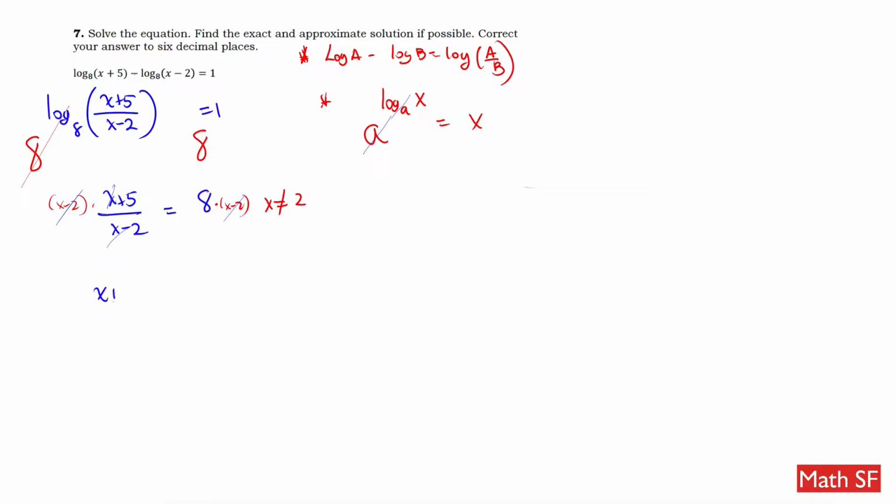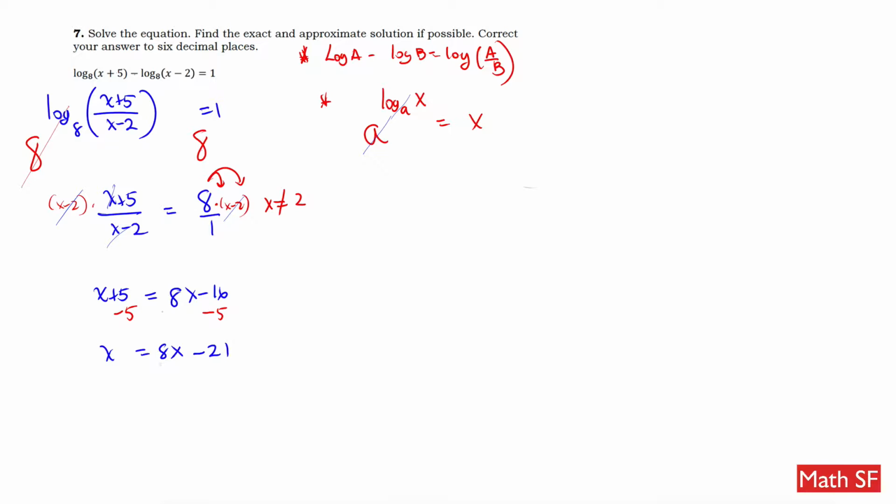So I have x plus 5 equal to 8 times (x minus 2). Actually, on the right you're distributing the 8 here, so you have 8x minus 16, because this one doesn't eliminate, it's like 8 over 1. Well, you still have to do a minus 5 there. So x equals 8x minus 21.